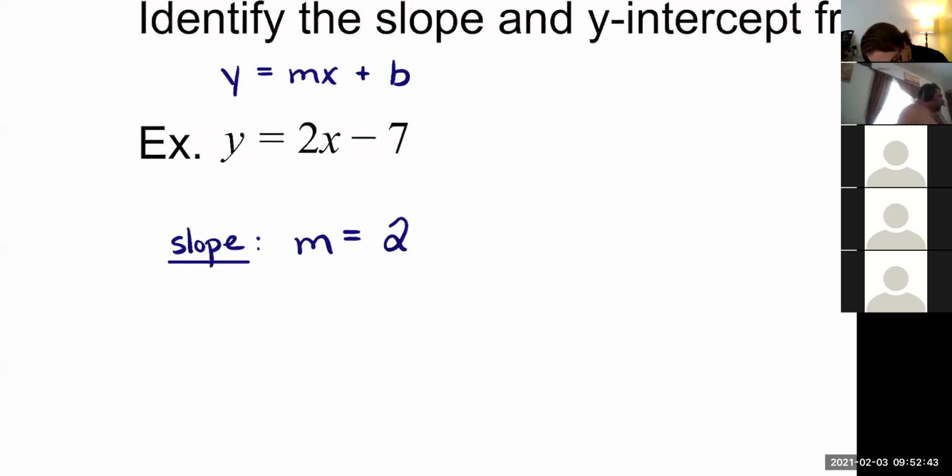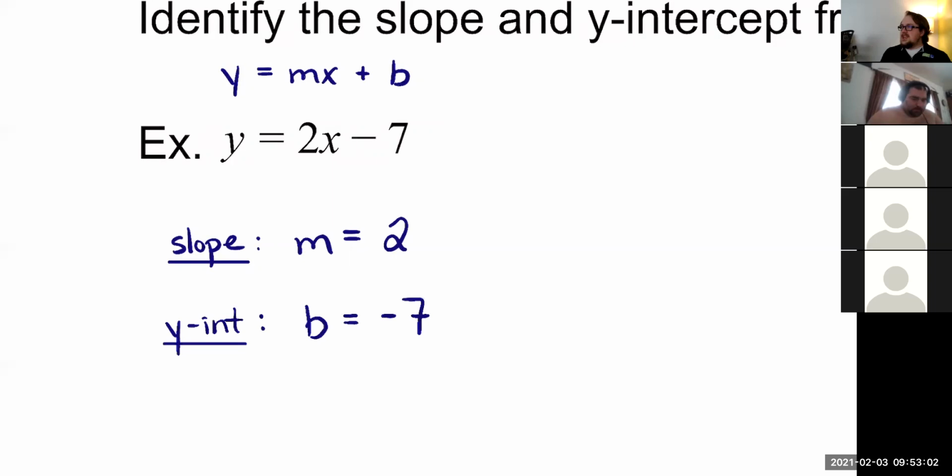So the equation will be y equals 2 times x minus 7. If you wanted to think of it that way, that would hopefully help with the distinction. It's a good idea. What's my y-intercept? -7. Good job bringing that sign with it. Whatever that value is there at the end, the sign stays attached to it.